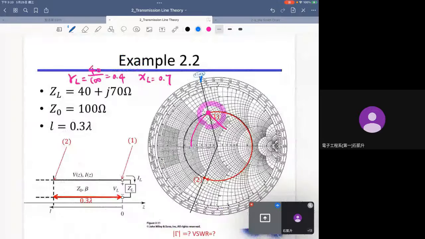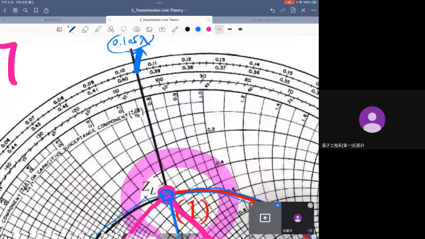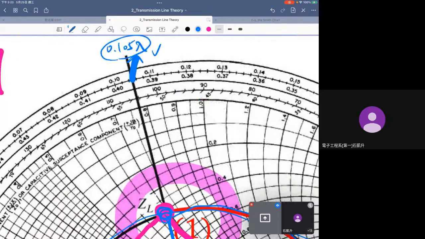And you make a whole circle. The center is here. The radius is from the center to your point 1. You make a whole circle. You need to use your compass to make the whole circle. Okay, and you have this number 0.105.